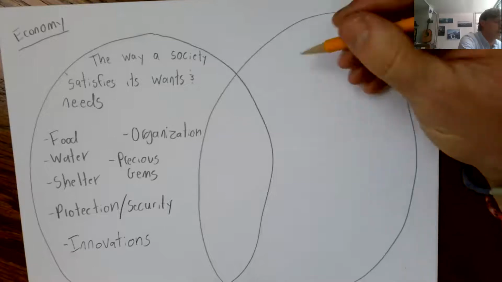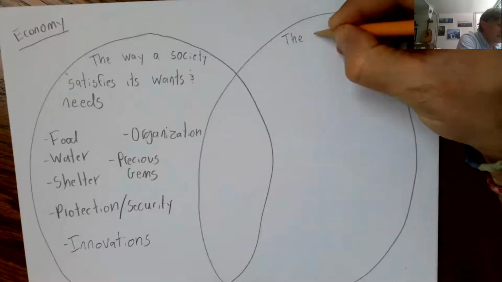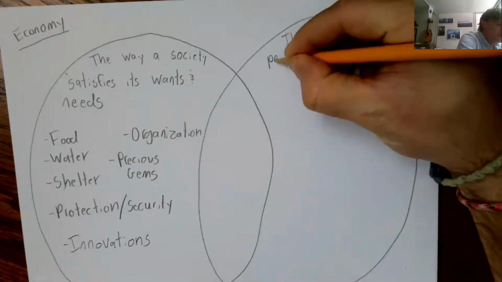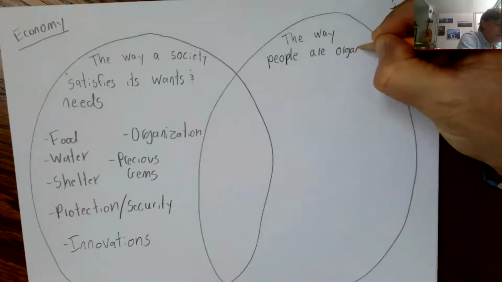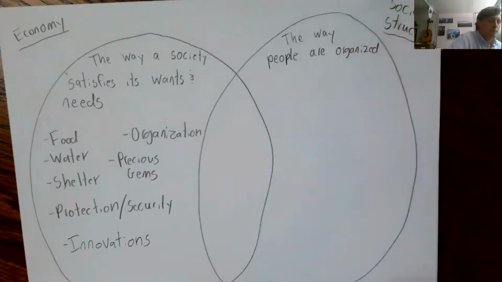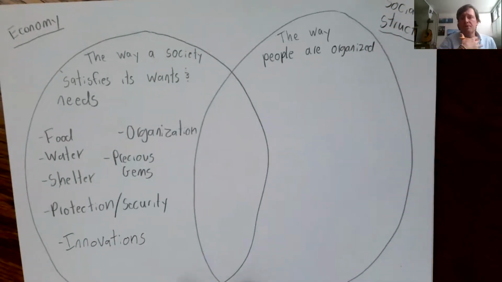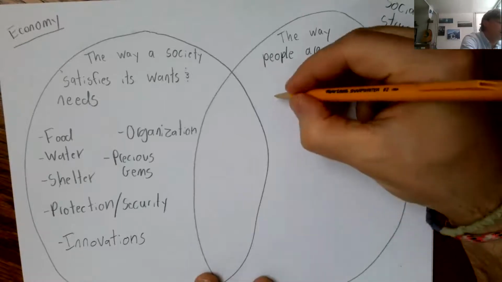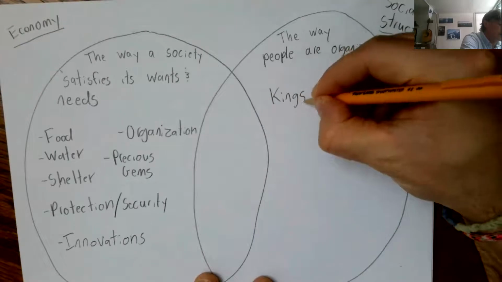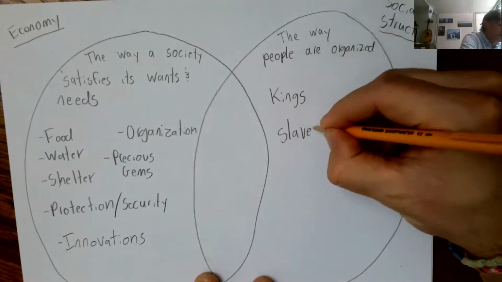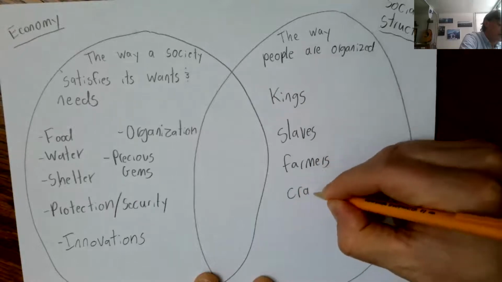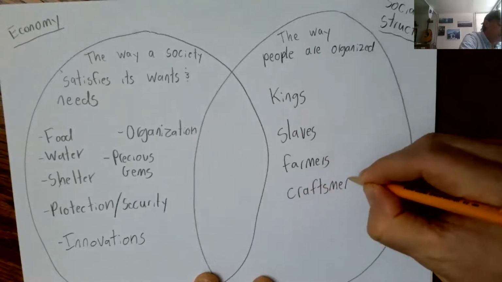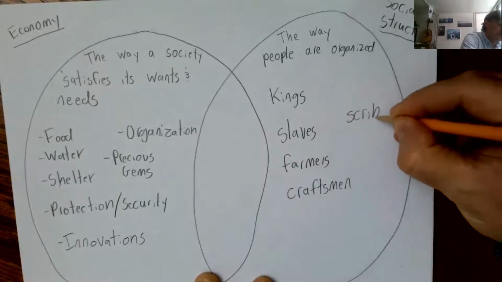So remember, the social structure is the way people are organized. And some examples that we've used this year in our social structure of Mesopotamia, well, we have kings, we have slaves, there's farmers, there's craftsmen, there's scribes, right?